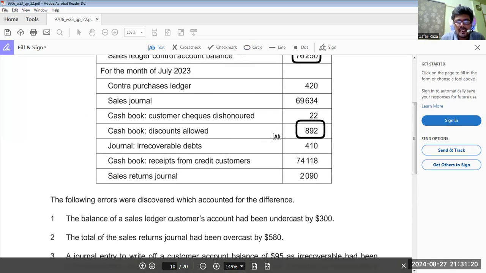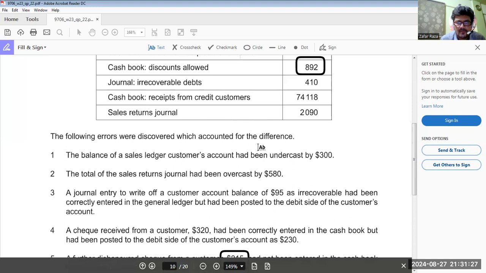Then we have irrecoverable debts 410. There is also another error. A journal entry to write off a customer account balance of $95 as irrecoverable debt had been correctly entered in the general ledger but had been posted to the debit side of a customer's account. This error does not belong to the control account. Getting my point?